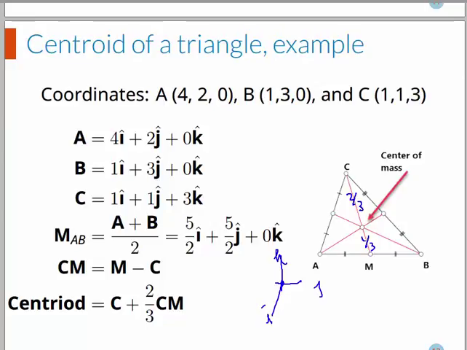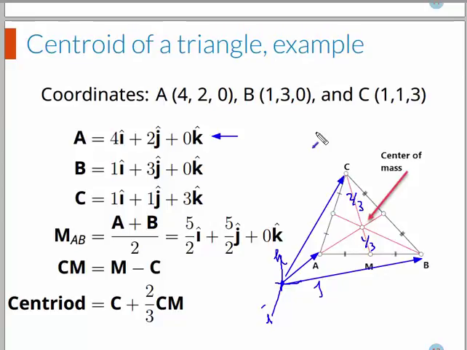So the position vector coming out of this origin to A, I can write like this, because I'm going to say A has coordinates of 4, 2, 0. So that's a position vector to A. Here's a position vector to B, and there's also a position vector going up here to C.